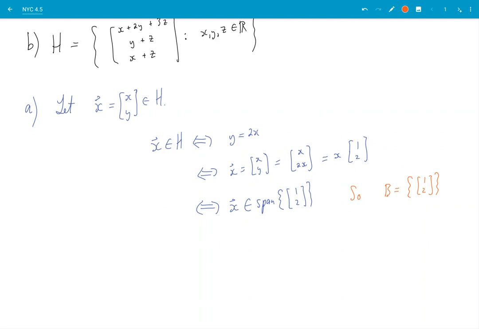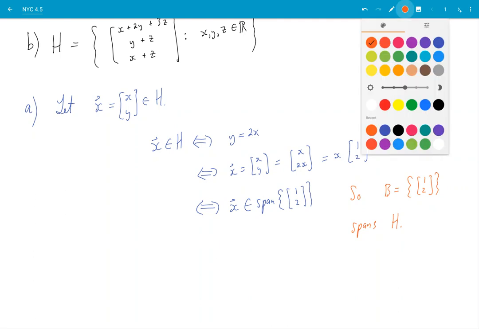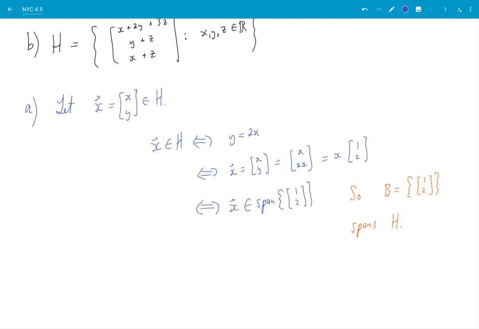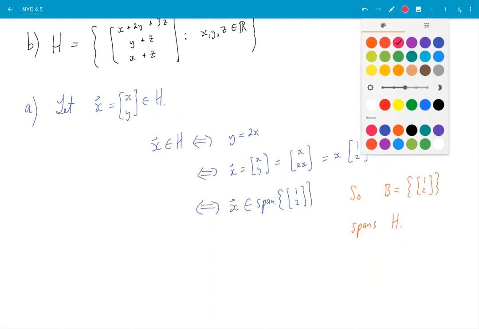So what do I want to say here? So B spans H. The last thing to check is that B is independent.